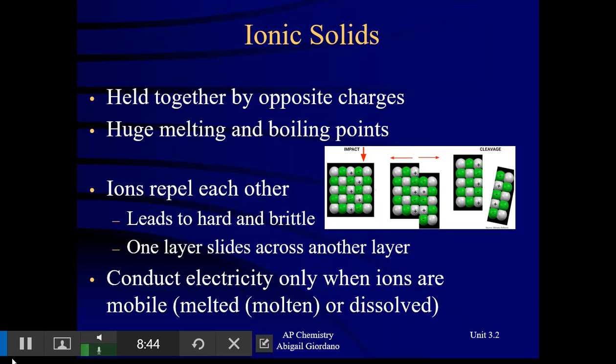And in an ionic solid, the ions are locked into that very tight crystalline lattice. So we've got charged particles, but they can't move. Now, if you melt an ionic solid into what we call its molten form, or you dissolve it in a cup of water, then you can get electricity to flow because the ions can move around.